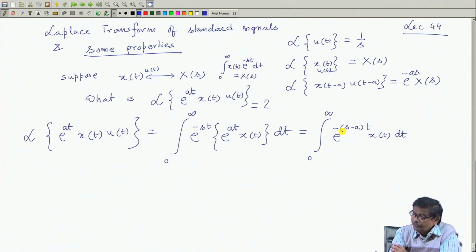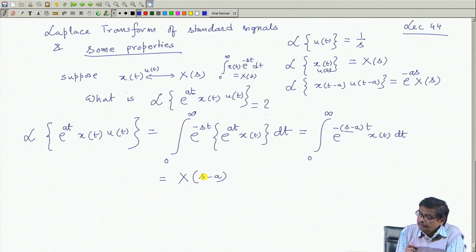So, here instead of s it is s minus a. So, this must be written as the same X, but s should be replaced by s minus a, that is all, there ends the matter. If it were minus pt, I would have written X(p). I think you have got the point.